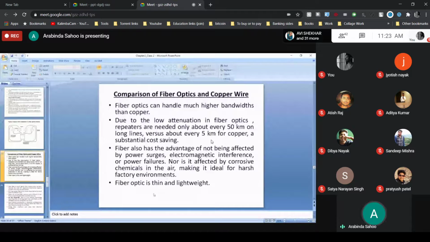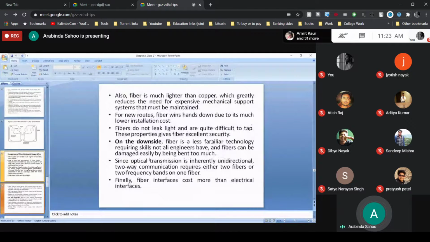Also, fiber is much lighter than copper, which greatly reduces the need for expensive mechanical support systems that must be maintained.